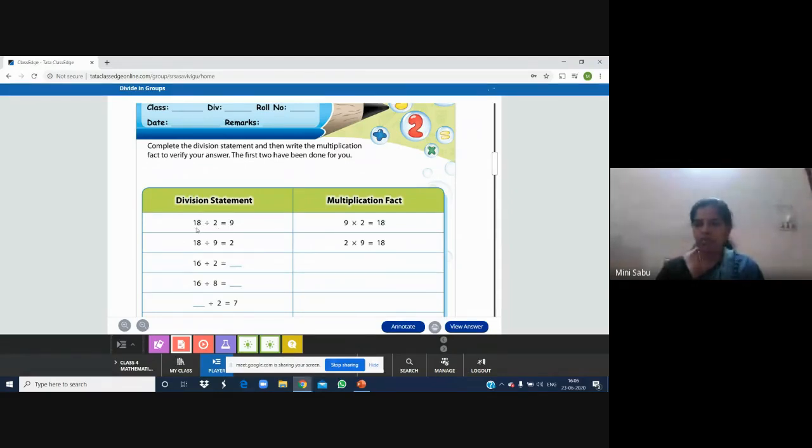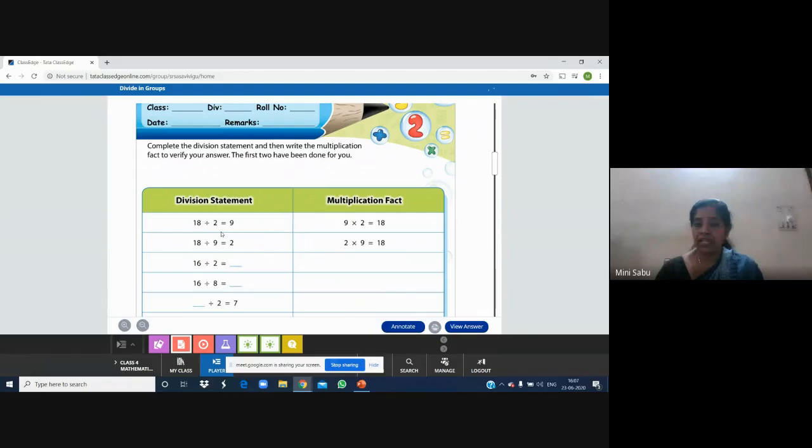That means we have to divide 18 bananas equally among 2 children. Then how many bananas will each child get? This one you know, if 18 bananas are divided by sharing among 2 children, each one will get 9. But how do we get this answer?